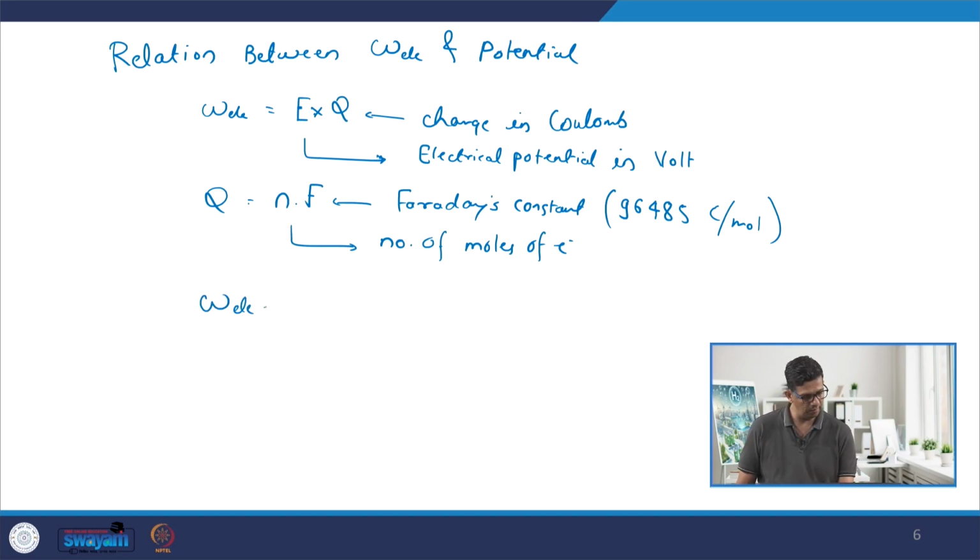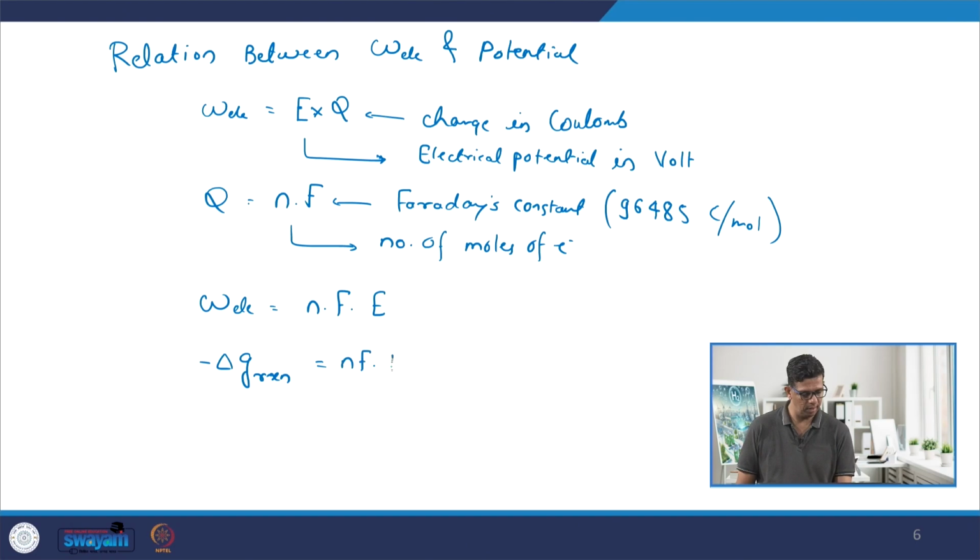So we have electrical work equals N F E, and if we rearrange what we know from the previous expression, electrical work is nothing but minus delta G of the reaction, which is an intrinsic quantity, so the smaller font, not the capital letters.